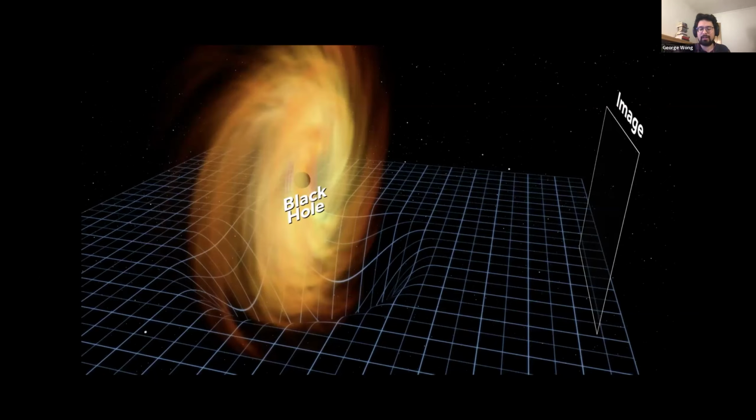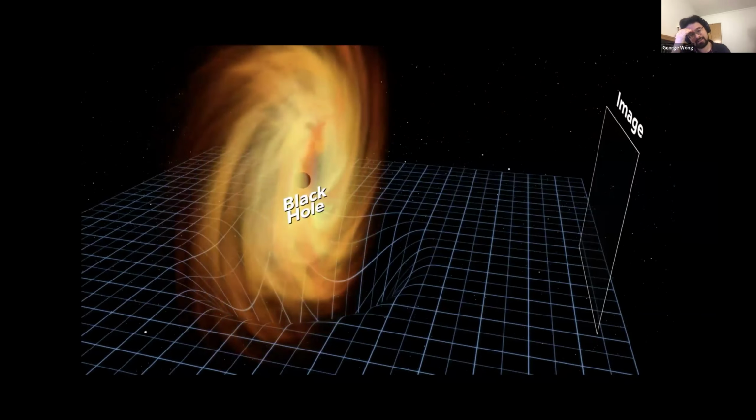What we will see when I play this animation is light being emitted from the plasma with a particular orientation relative to the magnetic field, and the light will travel through space to the observer, to us here on Earth, or just slightly above Earth, and that image is on the right-hand side. So I'm going to play that animation now.